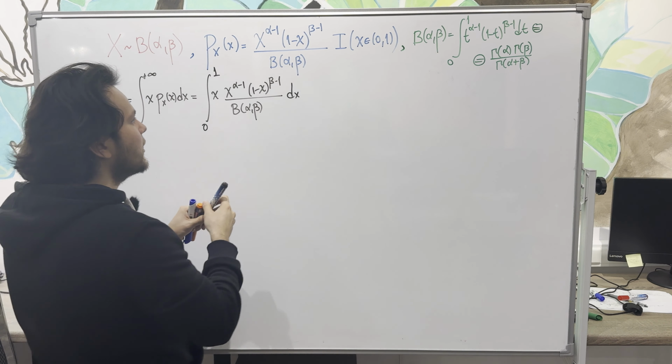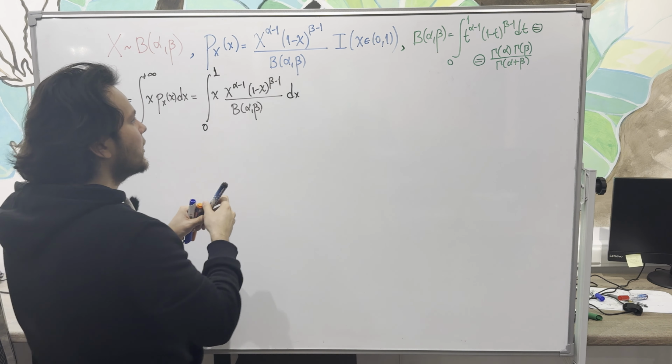Now we just have to use the properties that we have for the gamma function. We know the following. So let me write that property over here. We know that the gamma function of alpha plus 1 equals alpha times the gamma function of alpha.